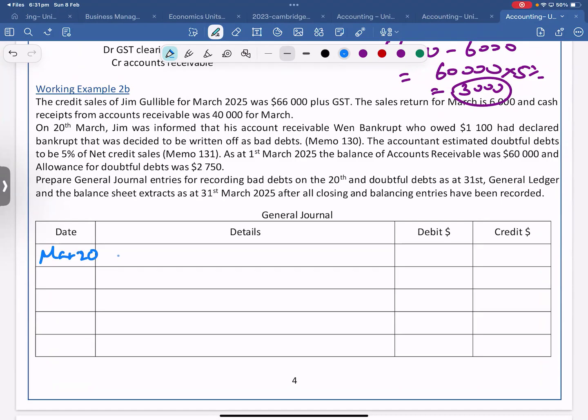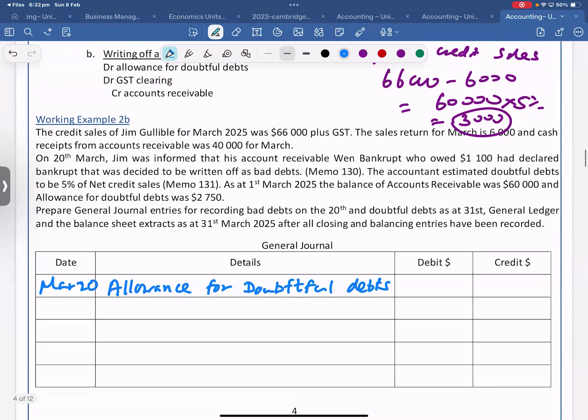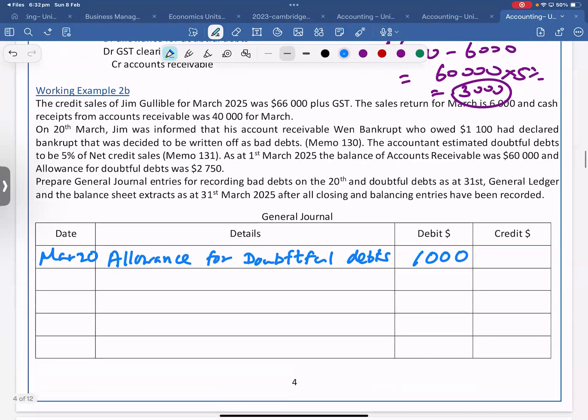Okay, so what's the double entry, guys? You debit the allowance for doubtful debts. How much? 1,000. Make sure you take it without GST.